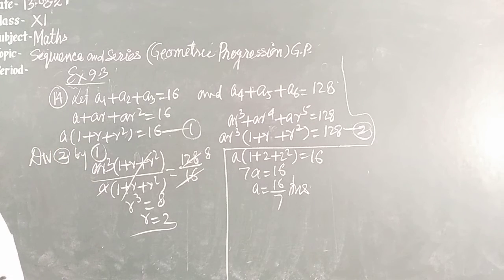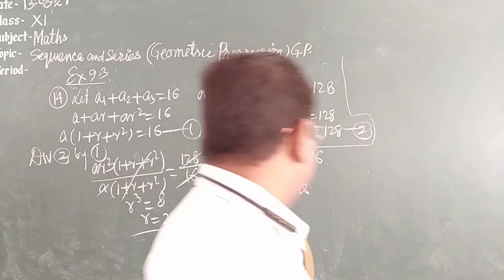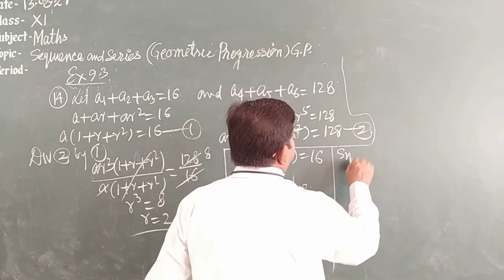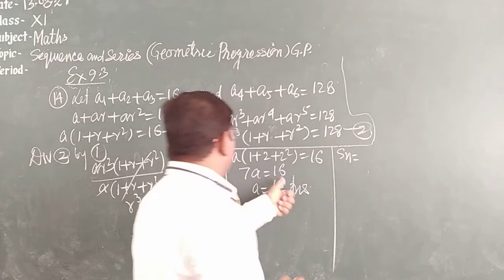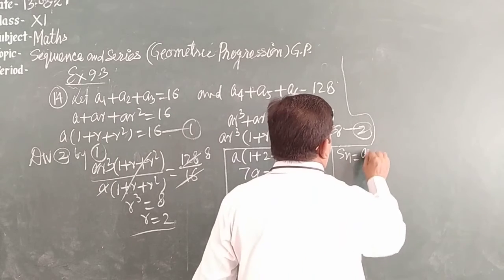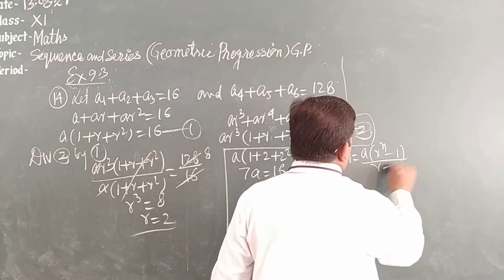Now what we have to find? We have to find the sum to n terms. So let's find. Sn is equal to, R is more than 1, so we can write A times R to the power n minus 1 upon R minus 1.